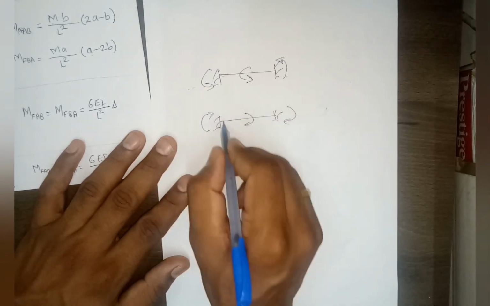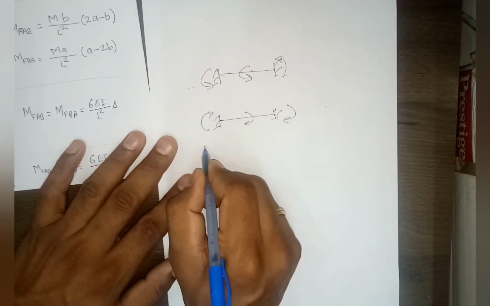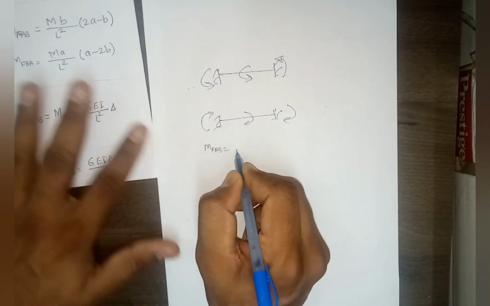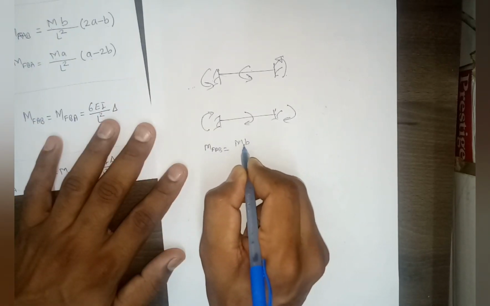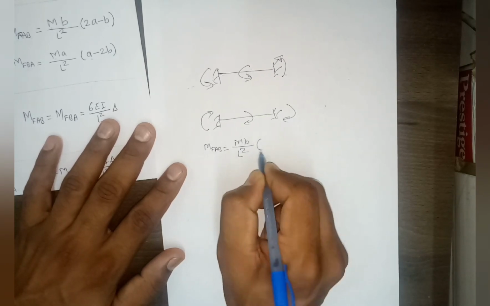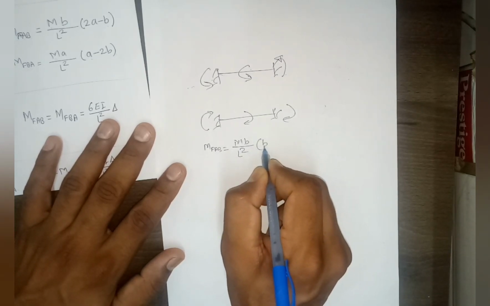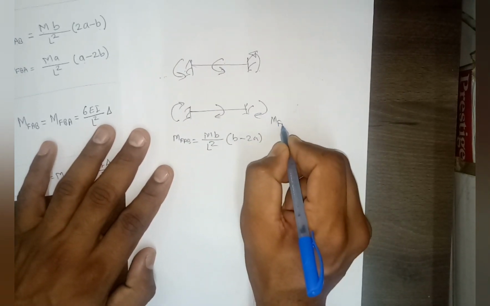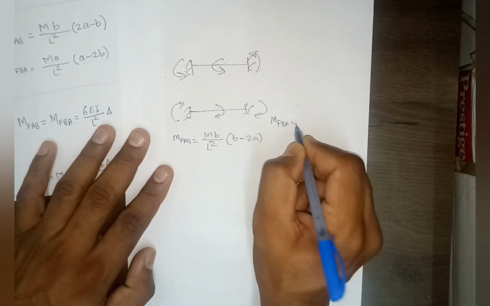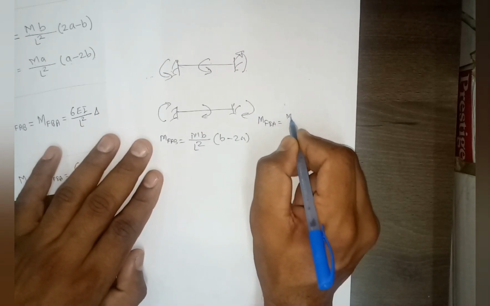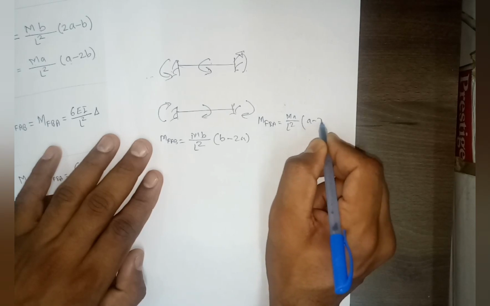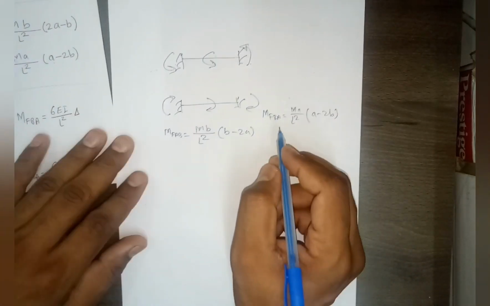If you are using this sign convention, then the value will be MFAB equal to MB by L square into B minus 2A, and MFBA is equal to MA by L square into A minus 2B, right?